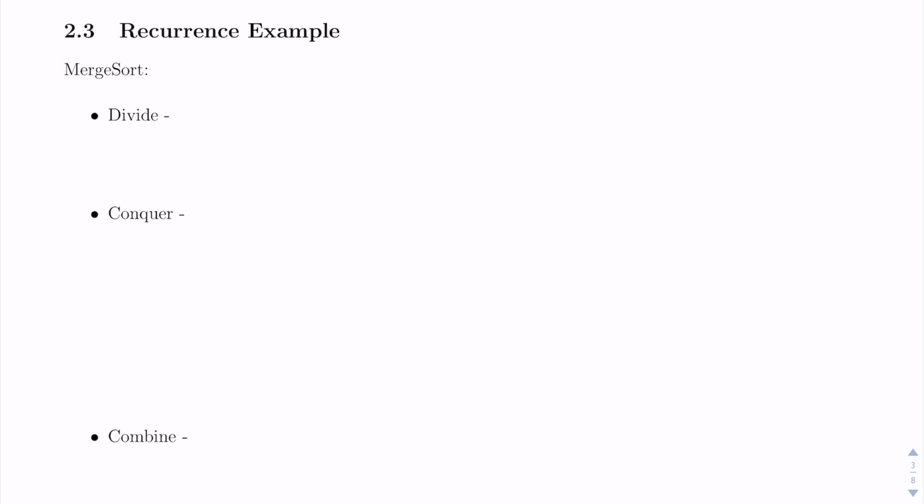Right, we take an n element list and turn it into two n over 2 element lists. You're just breaking the problem into two smaller problems that are each the same.